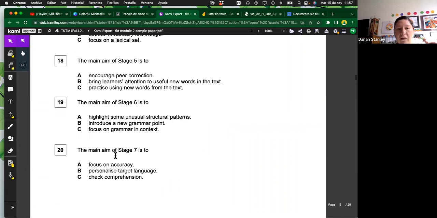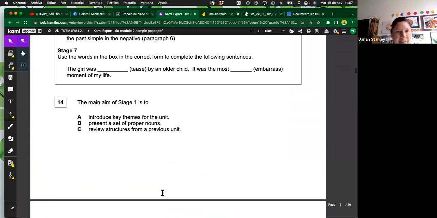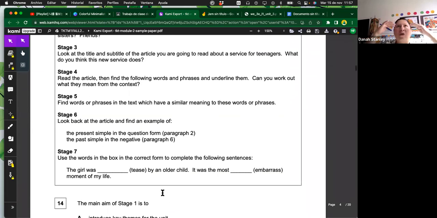Aquí me estoy refiriendo a que se enfoquen en la gramática. No estoy checando comprensión porque no están diciendo sí, no, true or false. Y acuérdense que personalized target language es cuando, by using the grammar or the vocabulary, I'm able to talk about my personal experience. Okay? I think that with this exercise, así como los main aims y los subsidiary aims are more clear.